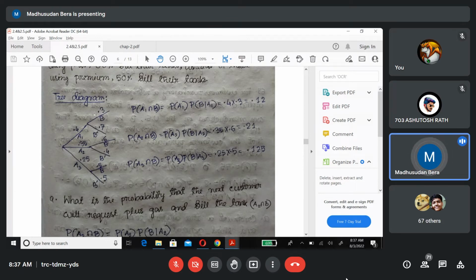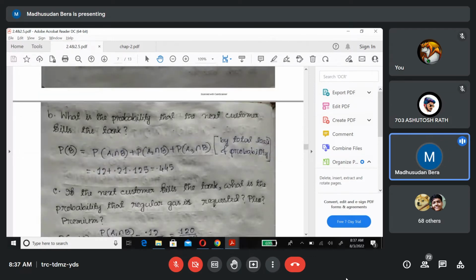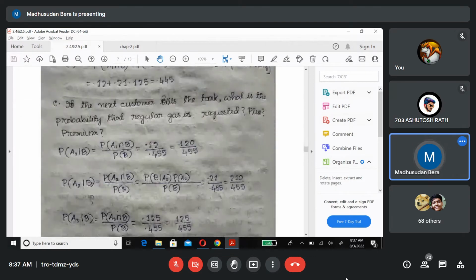P of B given A1 is 0.3. So what will be P of B dash given A1? 1 minus P of B given A1, that is 0.7. Then 60% use, so 0.6, here it is 0.4. 50% use here, 0.5, 0.5. That way. Okay, you go through it. So either you can do it this way or whatever I have written, that way also you can do.